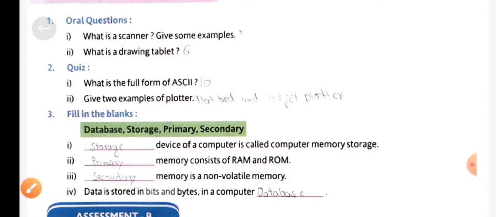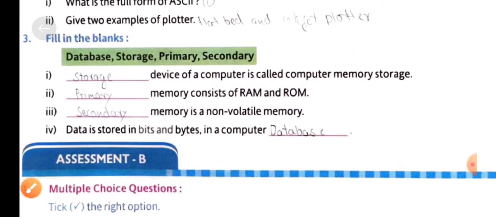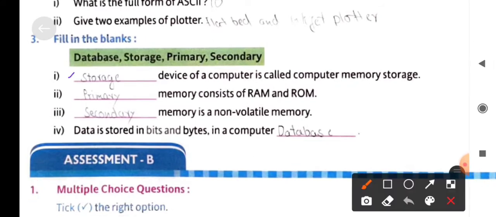Now the next we have is fill in the blank. See, the first one is what? A storage device of a computer is called computer memory storage. Fine. See the second one we have primary memory consists of your RAM and ROM. Now the third one we have secondary memory is a non-volatile memory.